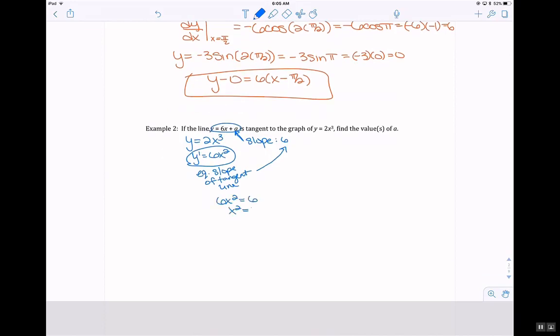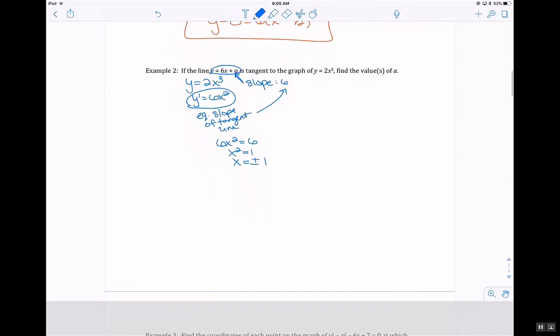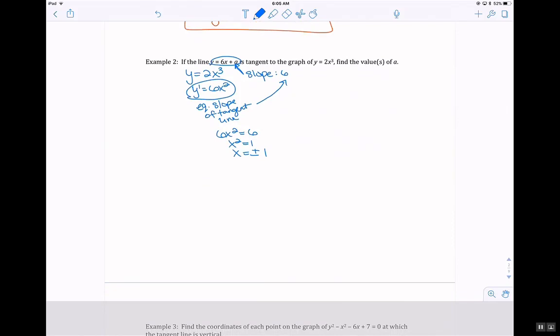So x squared is equal to 1, so x is equal to plus or minus 1. From there, I need to figure out my corresponding y values. So y of 1 and y of negative 1. So that's 2 times 1 cubed and 2 times negative 1 cubed. So I get 2 and negative 2.